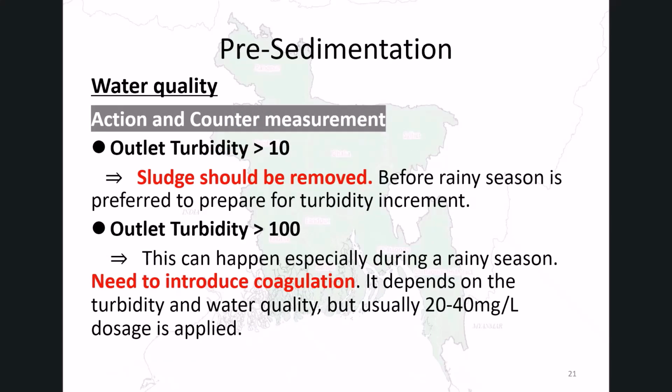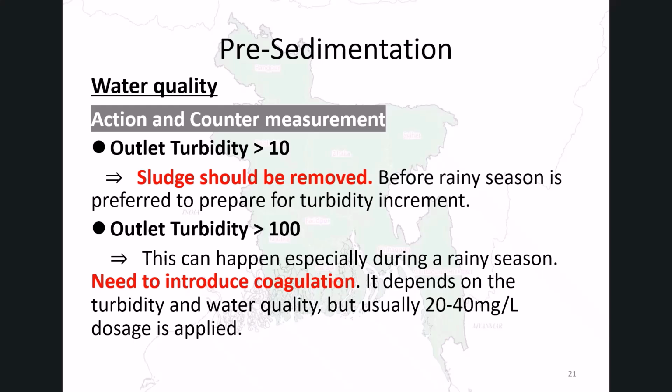Actions and countermeasures are taken depending on the turbidity measured at the outlet. When outlet turbidity is greater than 10 NTU, sludge accumulation is suspected. Sludge removal is required, and this is best done before the rainy season when turbidity is expected to increase.